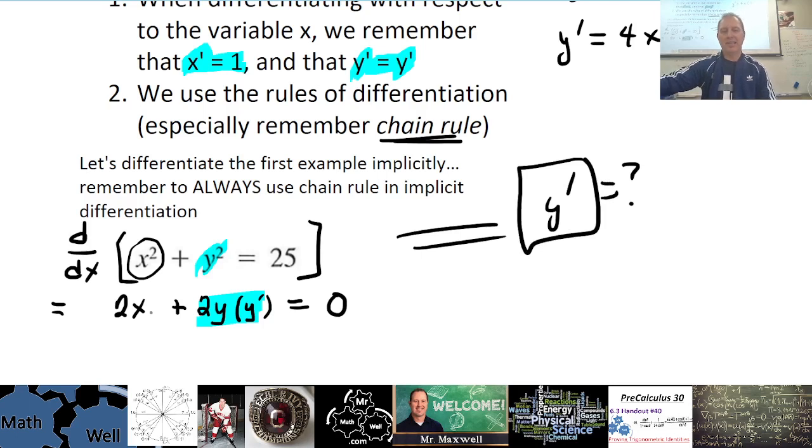And now this is where you separate your variables, in a sense. You separate the y prime by itself, because that's what we're actually looking for. Believe me, this is much easier than separating the variables for the original equation, because it seems like we whittle down the big equation when we differentiate it, and then there's only one thing you have to solve for. It's a lot easier to solve for y prime at this point than to separate at the beginning in most cases.